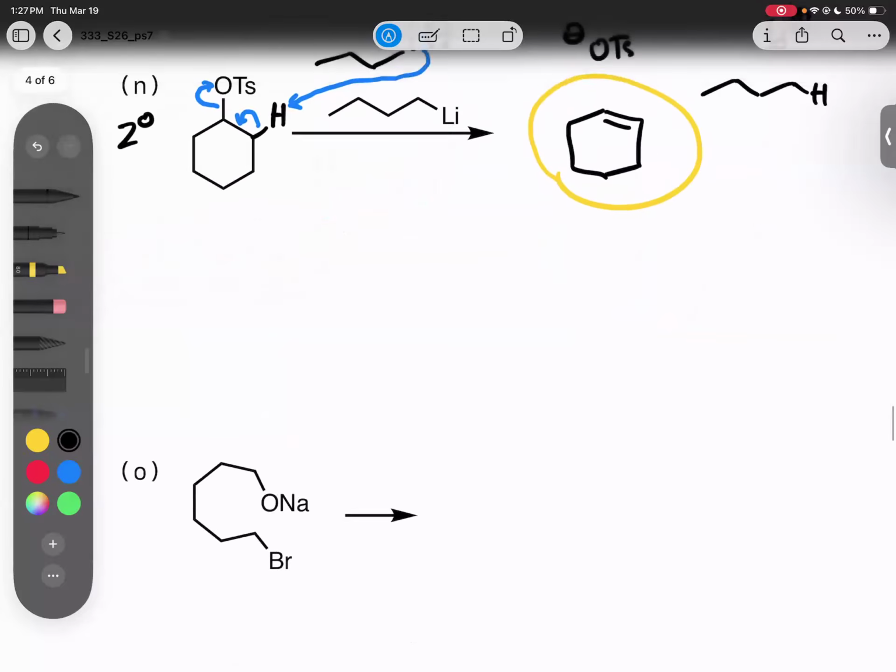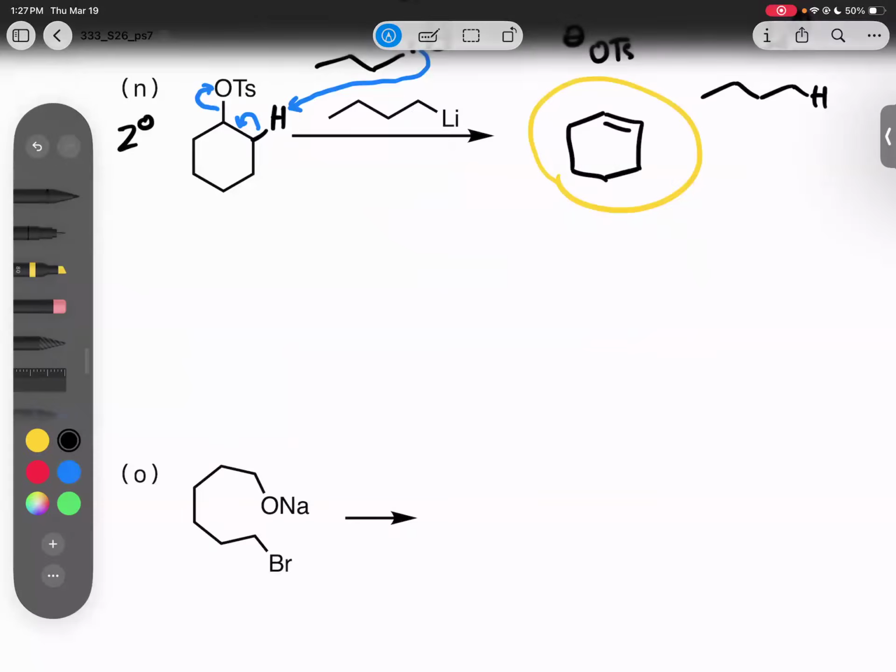Okay, because I wanted to do an SN2 reaction, let's do an SN2 reaction. So what do I want to do? We'll do this. Now we have, instead of a secondary, a primary tosylate, and as our lithium reagent, we'll use this.